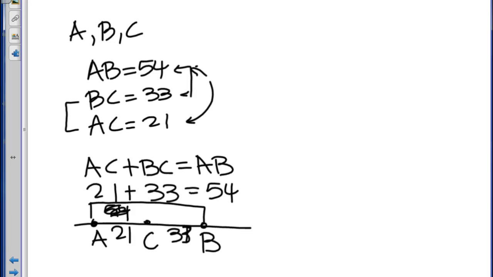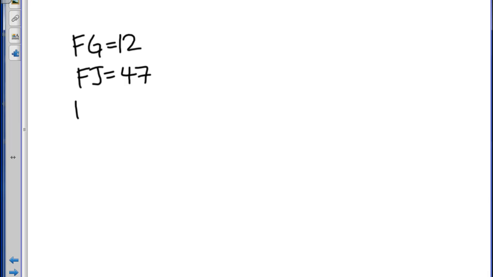All right, let's look at the next one, example number 2. If FG is 12, and FJ is 47, find GJ. And it says F, G, and J are collinear, so they all lie on the same line. All right.